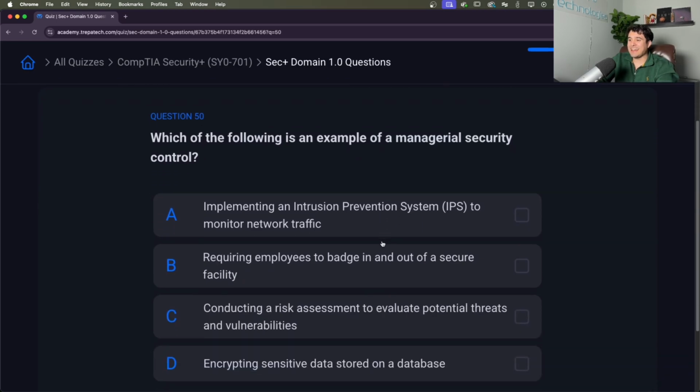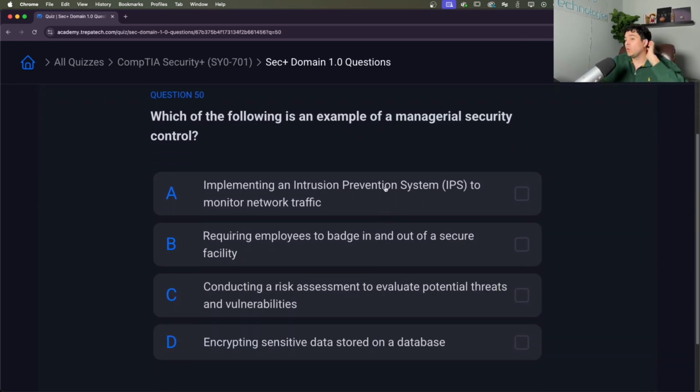All right, here we go. Last question. Let's get it right. Which of the following is an example of a managerial security control? So managerial. D is technical. A is also more of a technical control, and preventative as well. So that leaves us with B and C. I feel like they're both good answers, but B seems more operational to me.